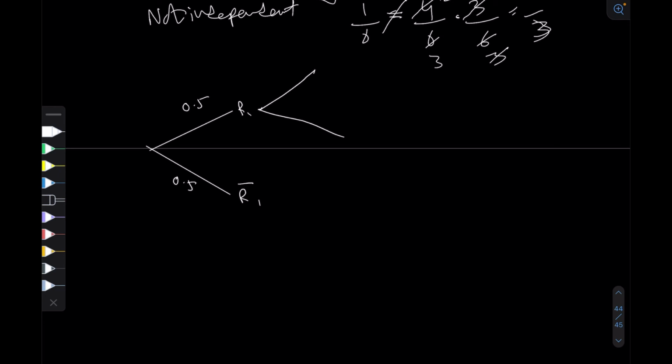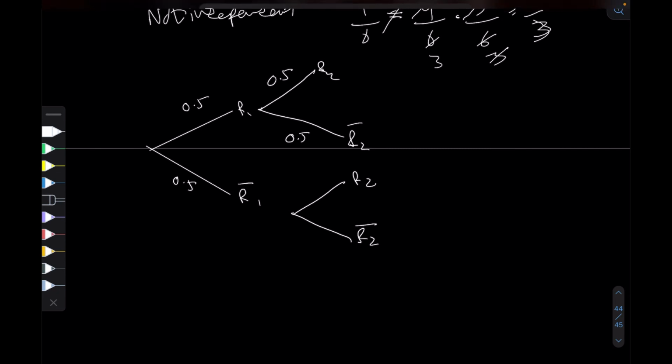And let's say after round 1 there's another round 2, right? And if I win round 1, then the probability of me winning round 2 is 0.5. But if I do not win round 1, then the probability of winning round 2 comes down to 0.25, and of course this would be 0.75.